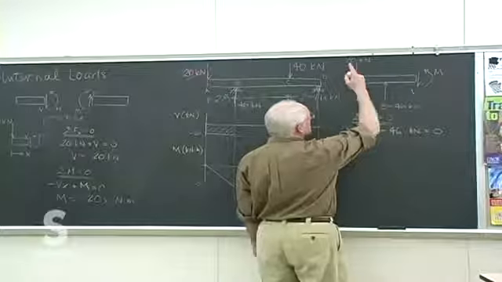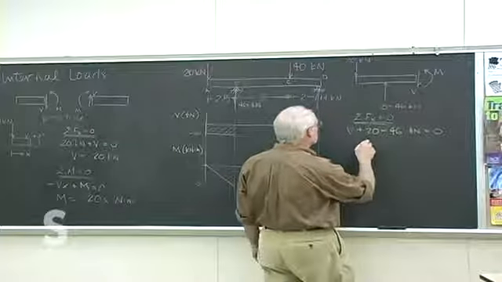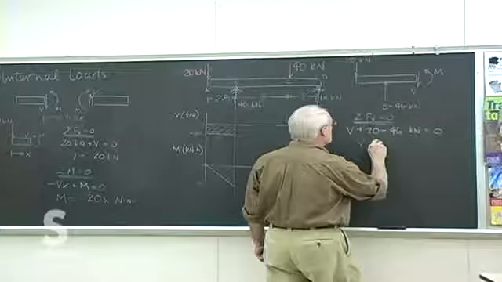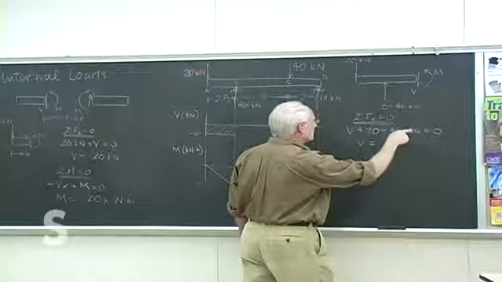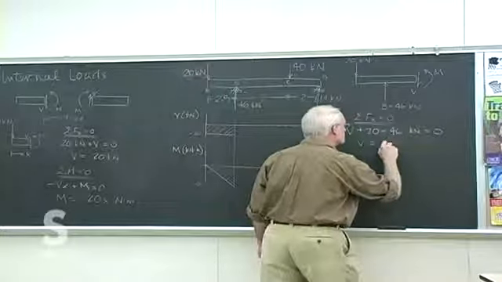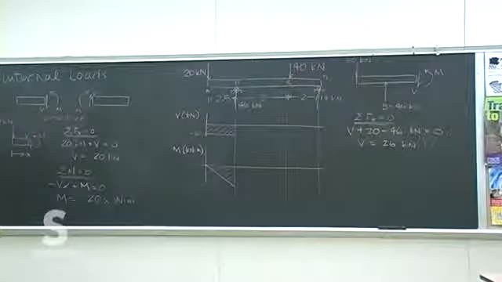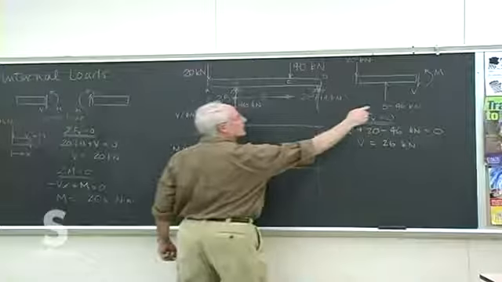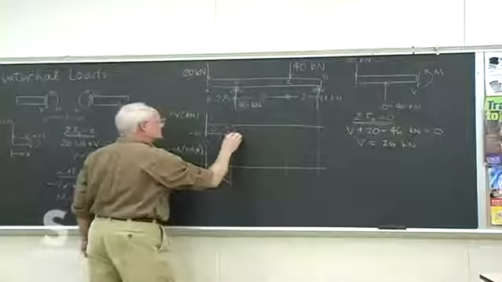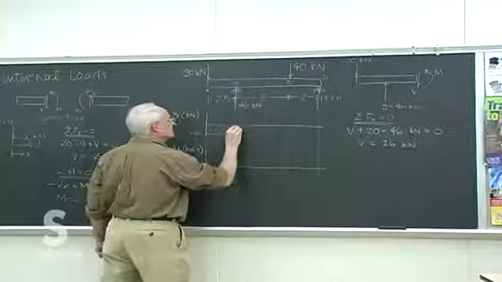What we did before is everything up equal and everything down. So that's what we got here then. So V equals minus 46 plus 20, which is plus 26 kilonewtons. Which, remember, is what we'd expect. We have a reaction of 46. We know there's going to be a jump of 46. That puts us at the plus 26.